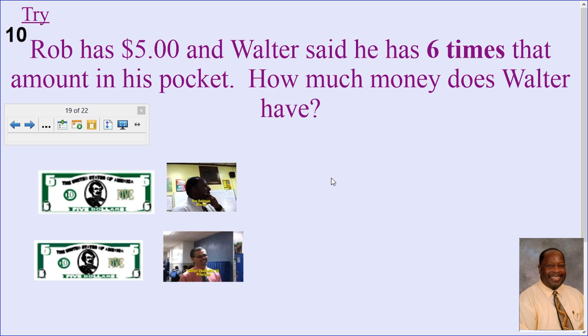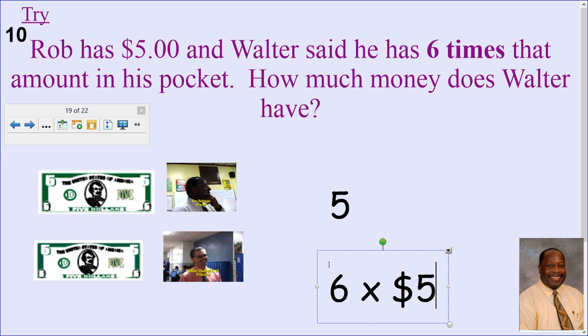Now, if Rob has $5 and Walter has 6 times that amount, so that'll be 6 times the $5. 6 times $5 equals $30. So how much money does Walter have? Walter has $30. So I hope you got that answer.